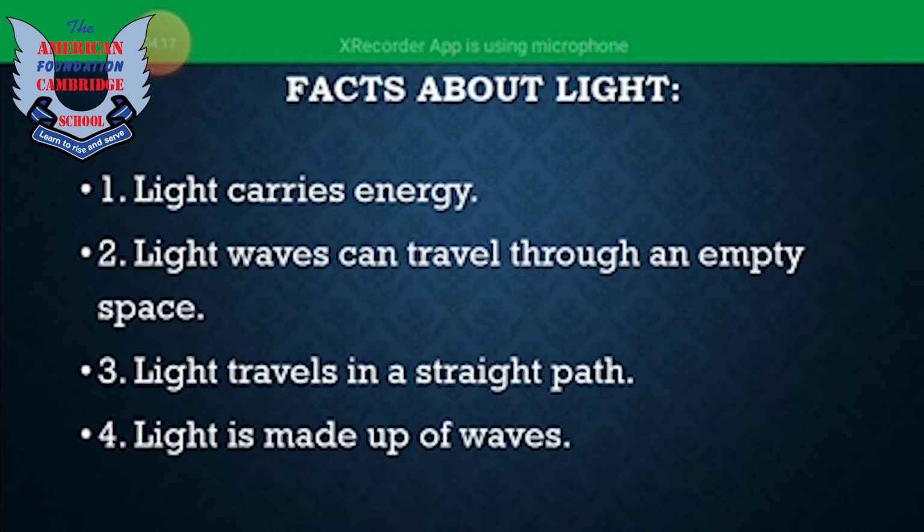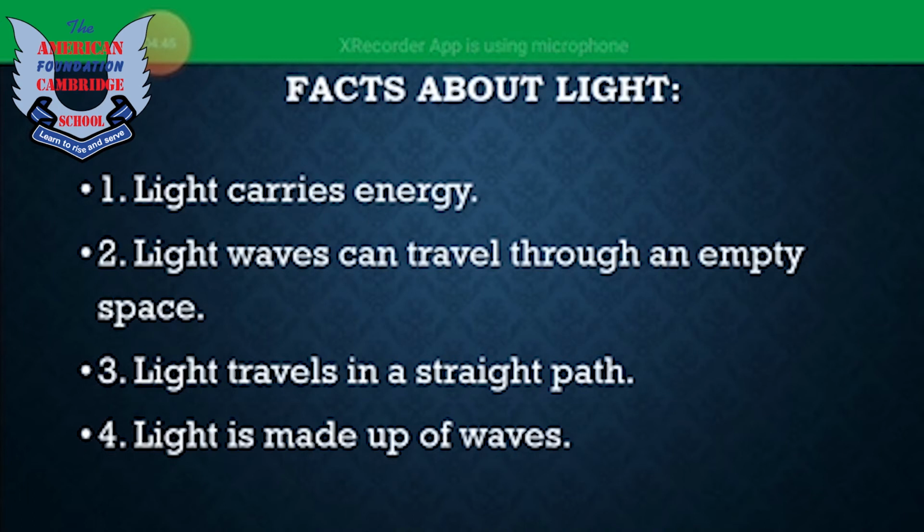And the fourth point, light is made up of waves. Throw a stone into a pond and the ripples spread across the surface of the water. Light travels in much the same way, but the ripples are tiny electrical and magnetic vibrations. From this, we can also conclude that light is a member of a very important family, the electromagnetic waves.